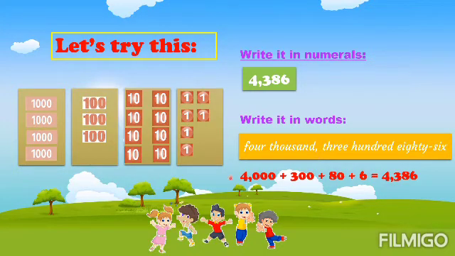So if we are going to add that, 4,000 plus 300 plus 80 plus 6 is 4,386. So please remember, class, how to write the numeral and the word form of the given number.